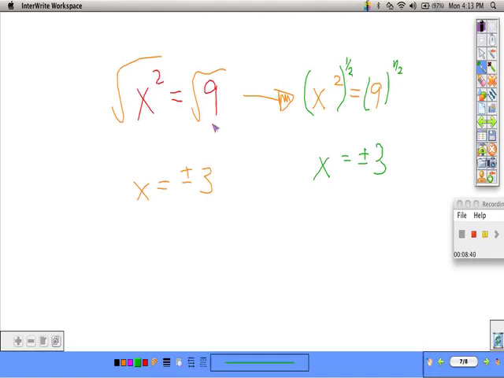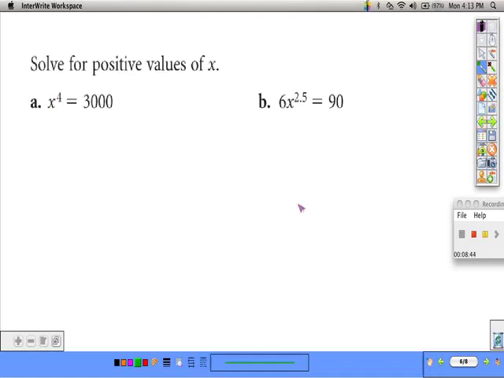They will cancel out powers. So here, x to the 4th, we want to 4th root both sides. Or think about what exponent would cancel this 4th power out. We raise it to the 1/4. 4 times 1/4 is x to the 1st.